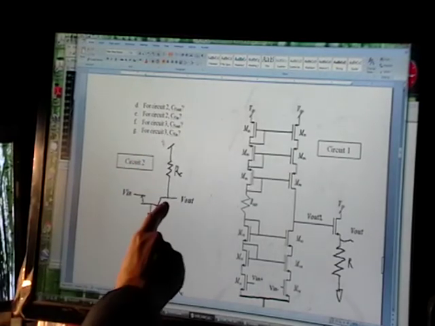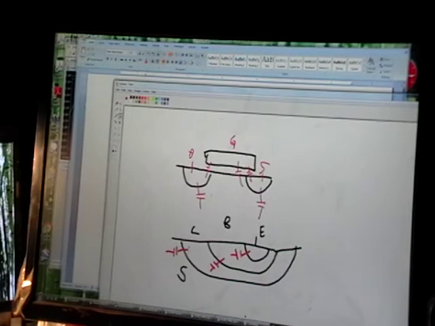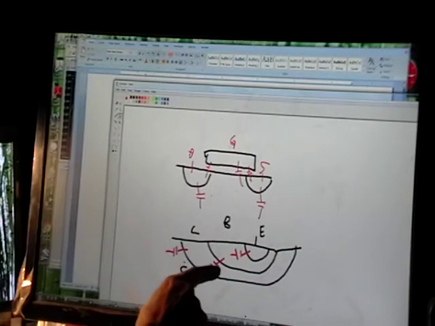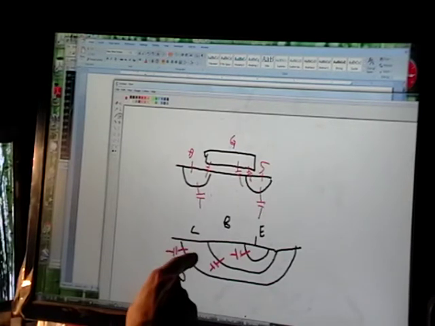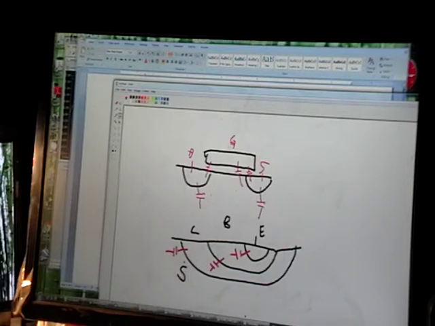For V out, that's sitting on the collector. So if you're sitting on the collector, you see 2 capacitances here: collector-substrate and base-collector. And base-collector is often called C mu.